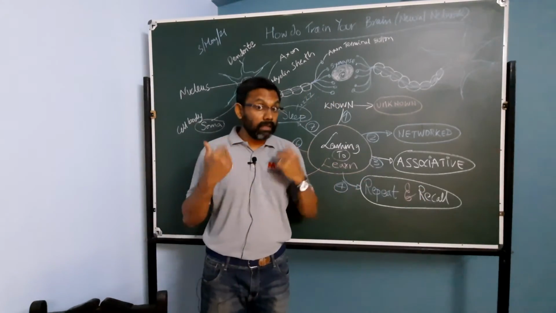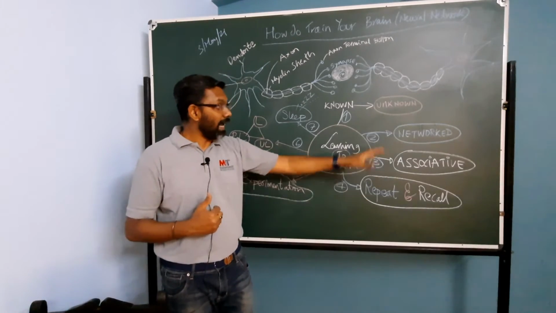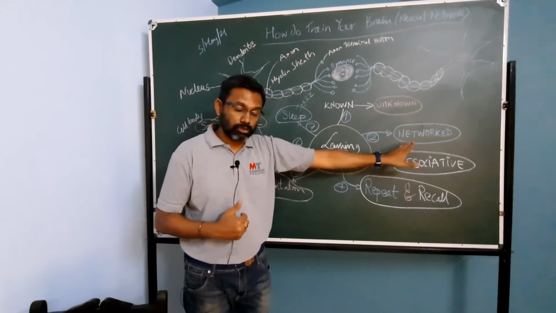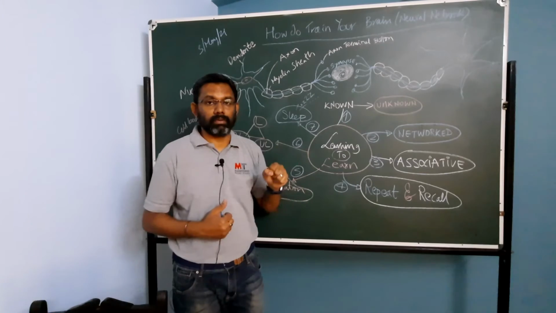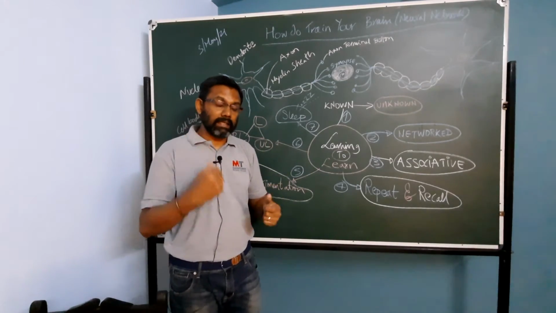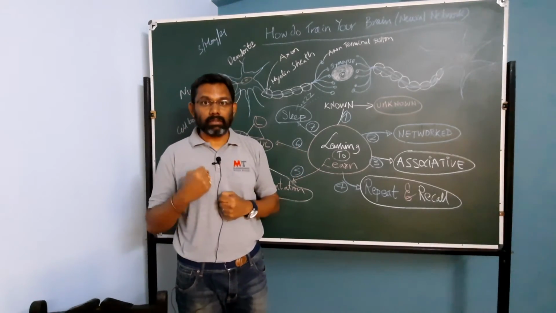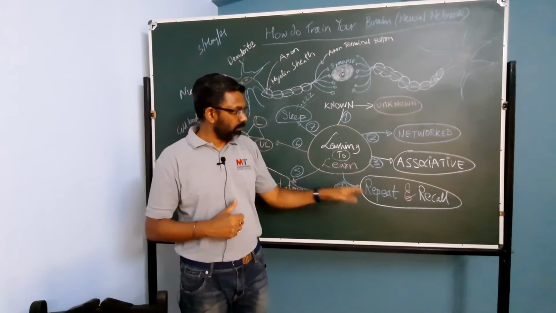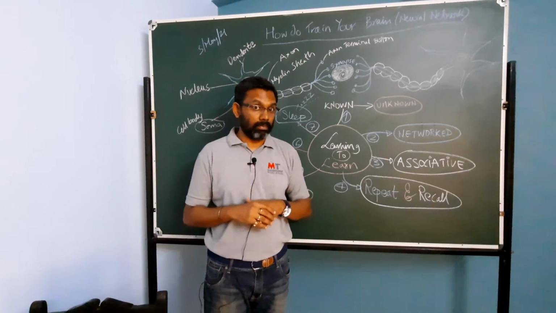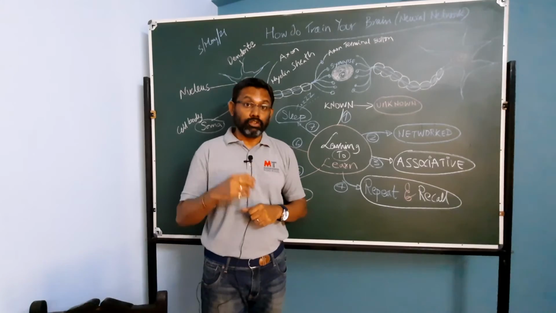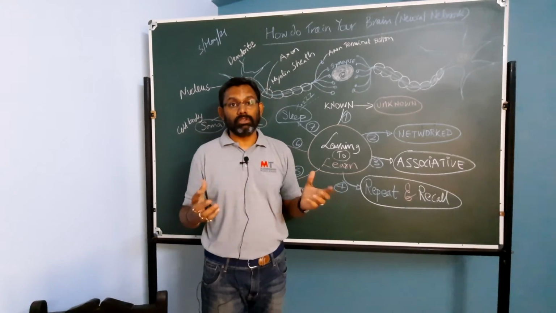And we also need to recall in order for us to access associatively through the networked layers of our memory again and again, and make that process of accessing our memory and remembering quicker. Repeat and recall is extremely important for us to be able to use our knowledge effectively.